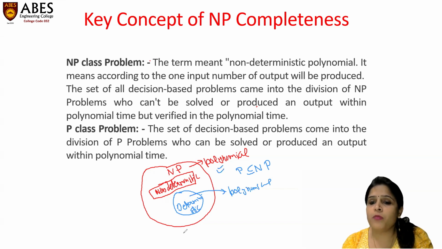So the large set of problems is the non-deterministic problems, the NP class problems. If a researcher is able to write a deterministic approach for a particular NP class problem, then these problems come in the category of P class problems. So this is the concept of NP and P class.